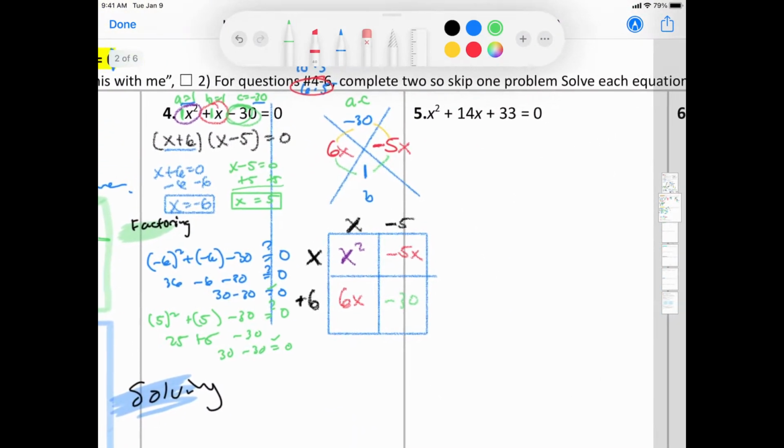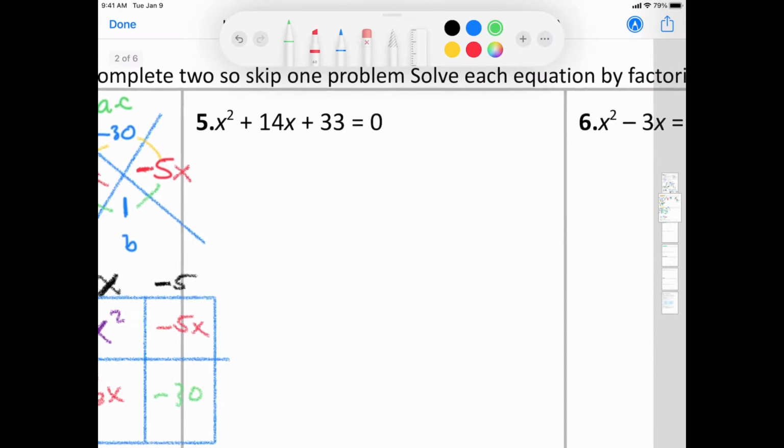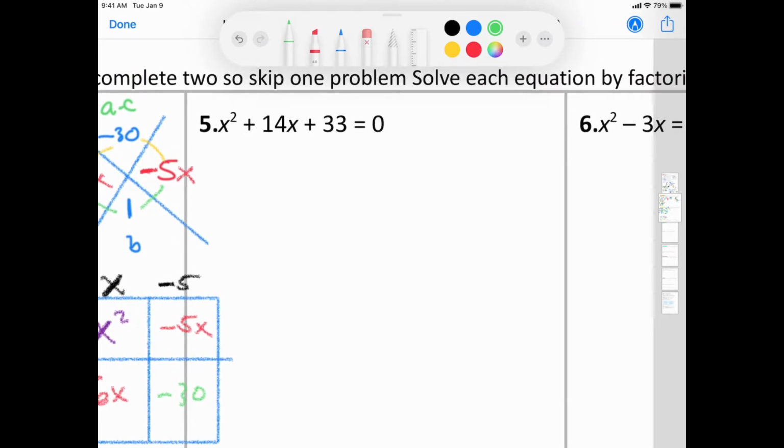Let's go on to number 5. Do you see any greatest common factor there? Well, is it set equal to 0? Yes, it is. Is it greatest common factor? The first two have an x in common, but the 33 does not. Okay? So it's a trinomial because it has x squared.